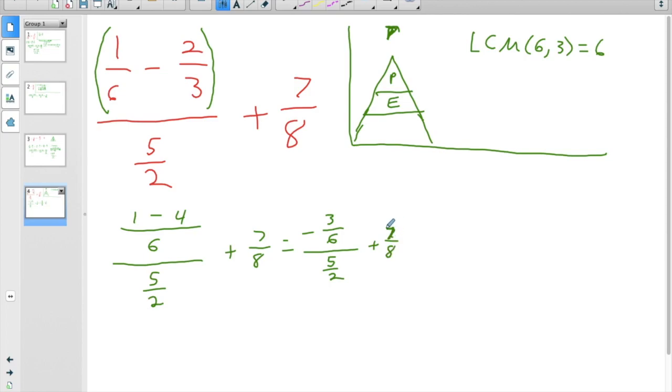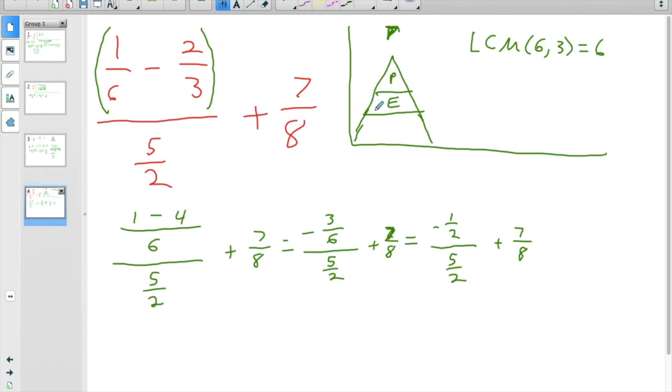Okay, so we can reduce this negative 3/6, and the negative 3/6 becomes negative 1/2 divided by 5 halves plus 7/8. Okay, so now we look at what we have.